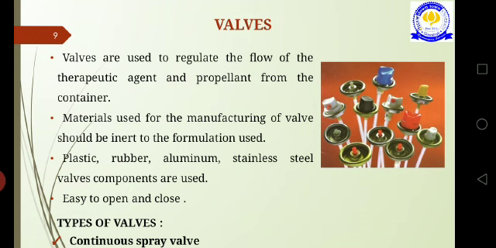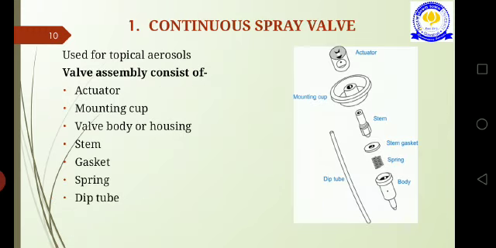Valves may be of two types. One is the continuous valve. The continuous spraying valve, as you can see, contains a number of assemblies like actuator, mounting cap, valve body, stem, gasket, spring, and dip tube.